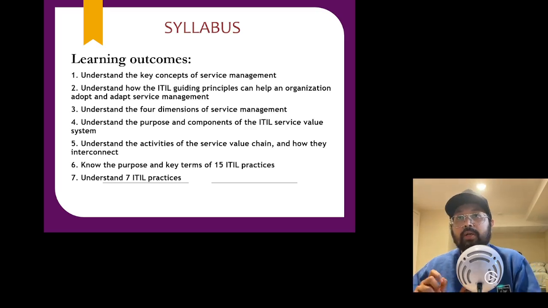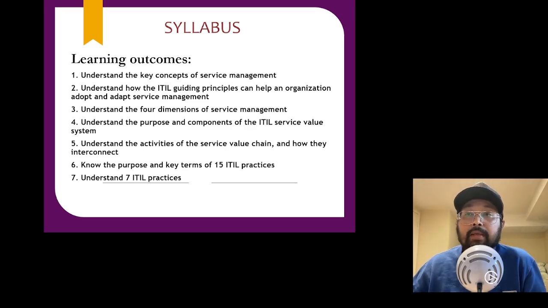Here, two words: adopt and adapt. Number 3 is understand the 4 dimensions of service management. Number 4 is understand the purpose and components of the ITIL service value system. Number 5 is understand the activities of the service value chain and how they interconnect with each other. And number 6 is know the purpose and key terms of 15 ITIL practices and understand 7 ITIL practices.